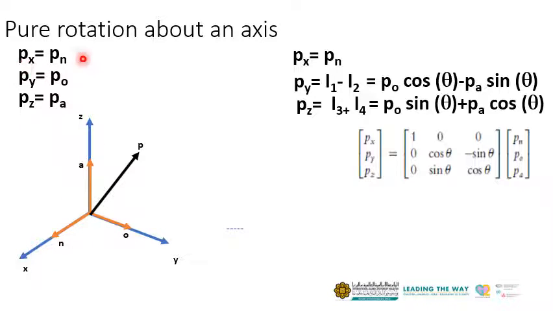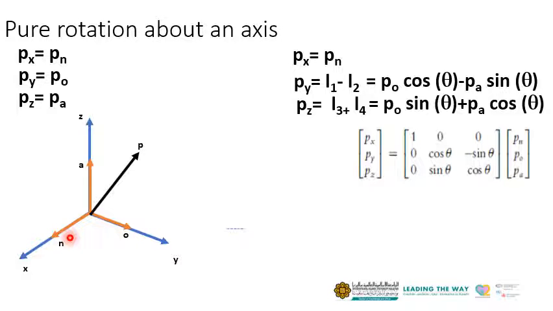So basically Px will be Pn, Py will be Po, and Pz will be Pa because both frames coincide with each other. Now we try to rotate this NOA frame with respect to X by a certain angle.